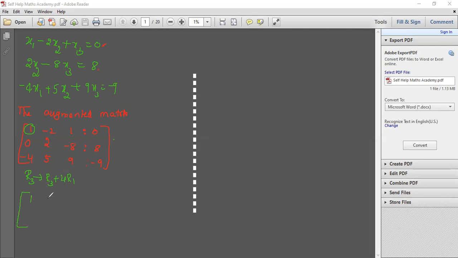The first row stays as it is: 1, minus 2, 1, 0; 0, 2, minus 8, 8; and here it is minus 4 plus 4, that is 0. Then 5 plus 4 times minus 2, that is minus 8, gives minus 3 here, and the last entry will be minus 13.